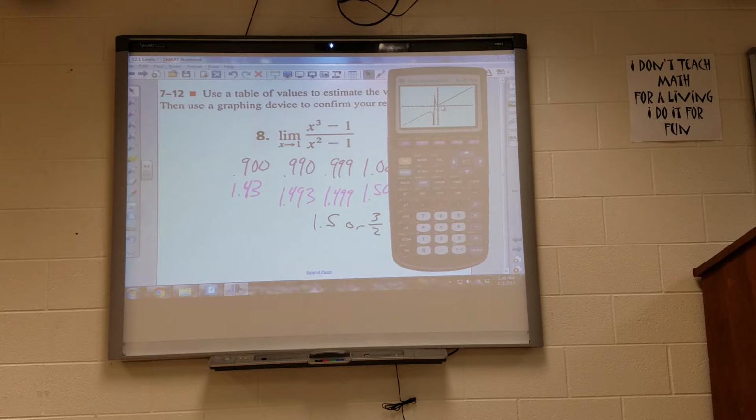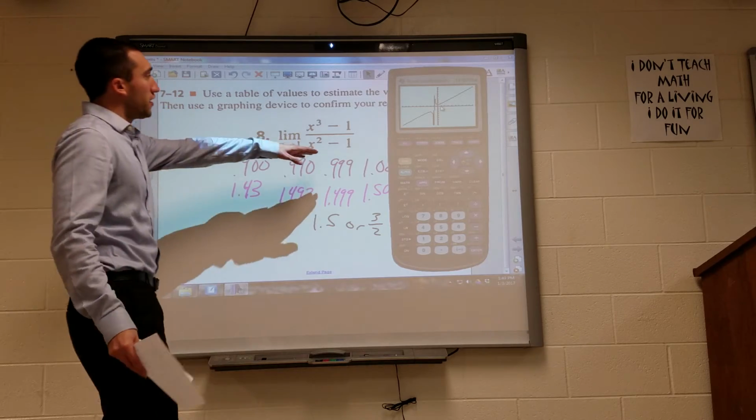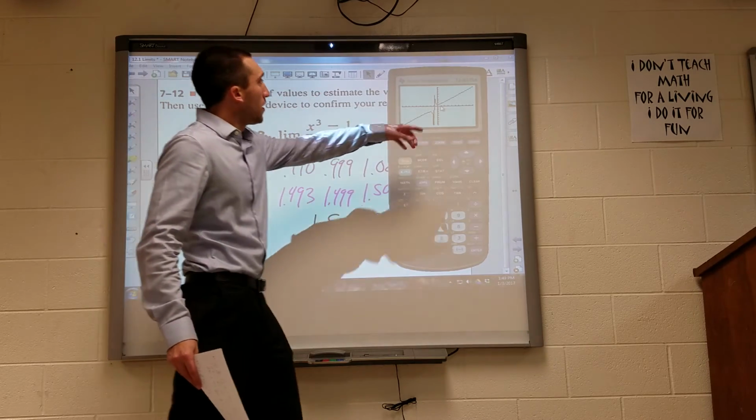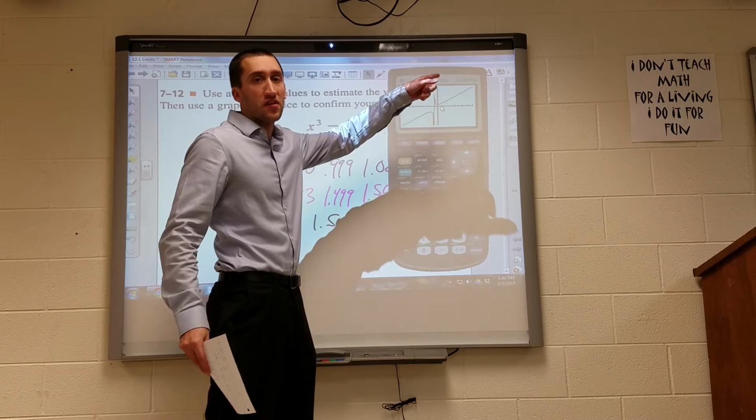So from the graph, it's kind of hard to see what value the graph is approaching when x equals 1, but if I go to the table, I can see at 1 there's an error, because 1 obviously gets us a 0 in the denominator. So it looks like we don't have a limit, but hey, it looks like the line's continuous.